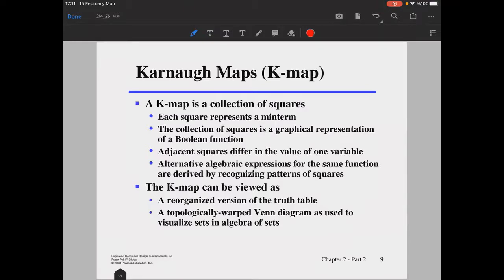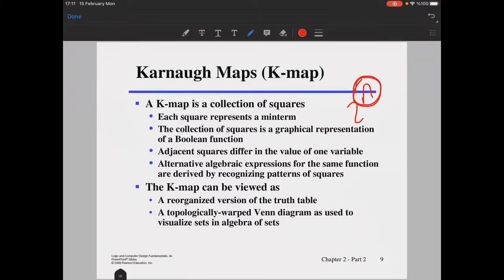Adjacent squares will differ in the value of only one variable. Remember Gray coding from the first session, right? All of the neighbors in the Karnaugh maps will differ by only one variable. I'm talking about the index numbers. And you just combine the squares by powers of two.